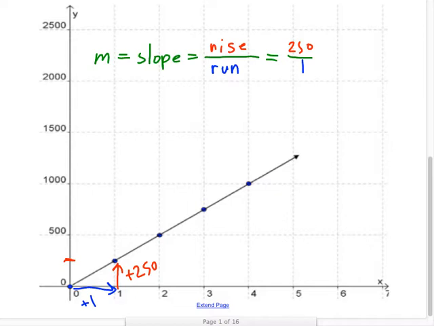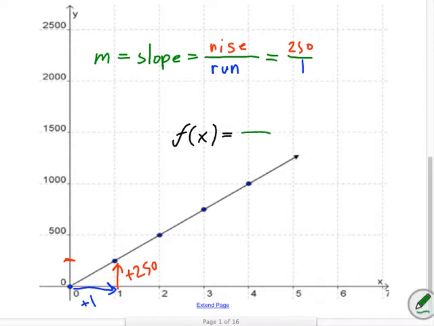Now I want to come up with my formula, my rule, my function. So my function, do you guys remember how to write the function given the slope? What is it going to be? Kalila. It's going to be the slope in front of what?